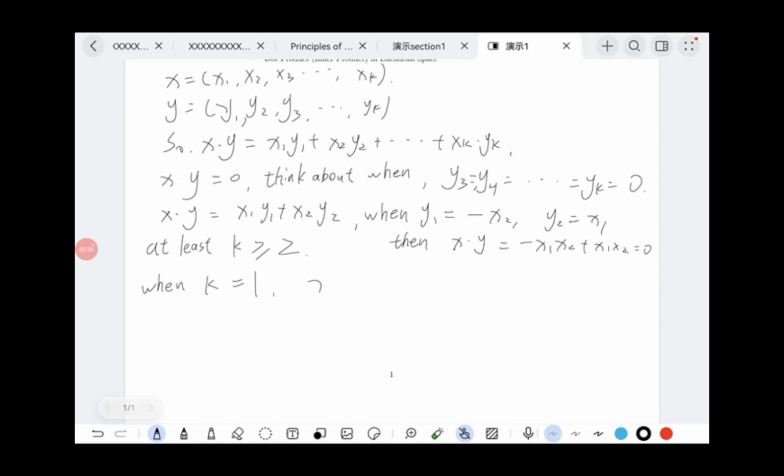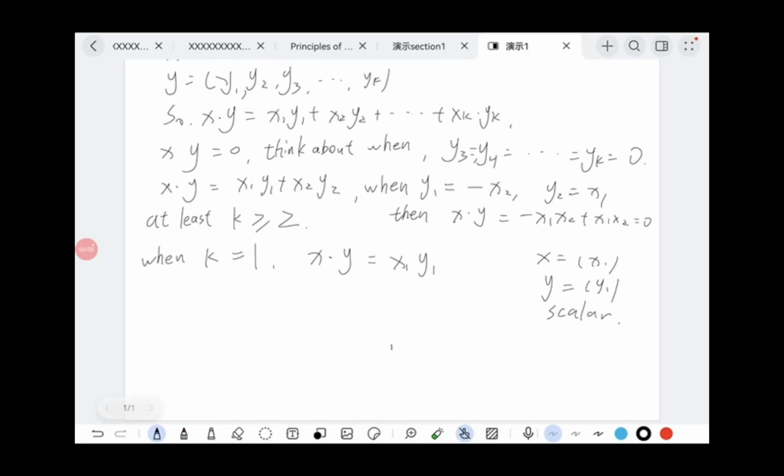Then x dot y equals x1 y1, where both are scalars. When x dot y equals 0, then x1 equals 0 or y1 equals 0, or both of them are 0.